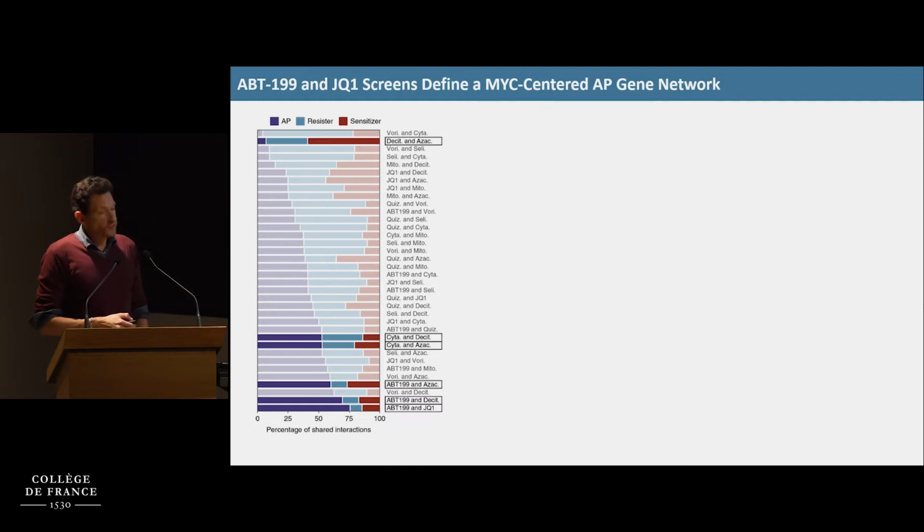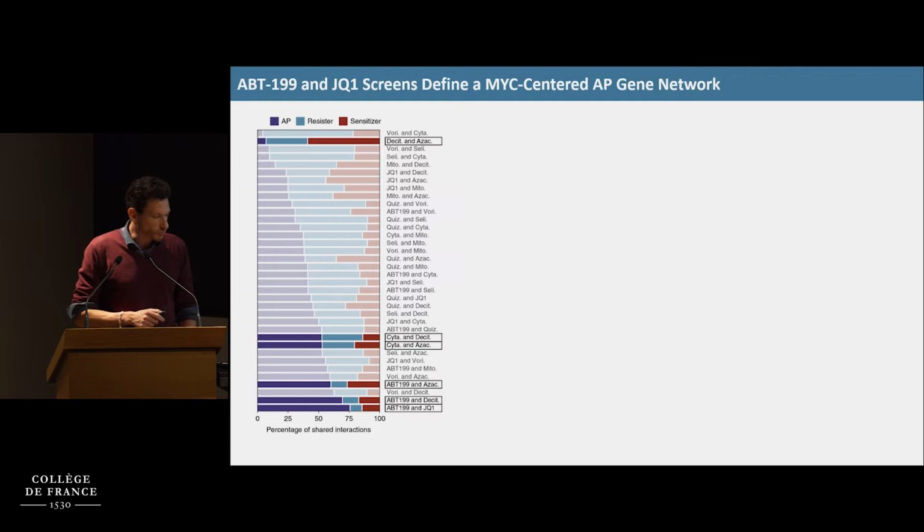Going back now to this breakdown of the 36 different combinations, we found that one combination of molecules in particular, made of ABT-199, also called venetoclax, which is a BCL2 inhibitor, and JQ1, which is a BET bromodomain inhibitor, conferred the highest proportion of shared AP interactions in comparison with the other combinations of molecules.